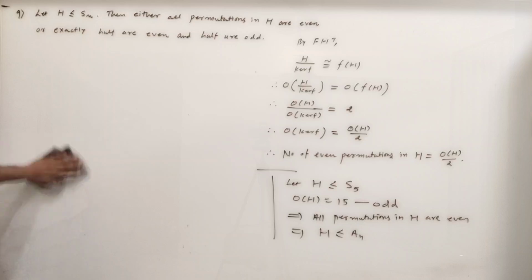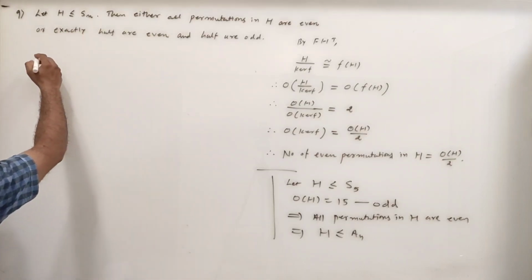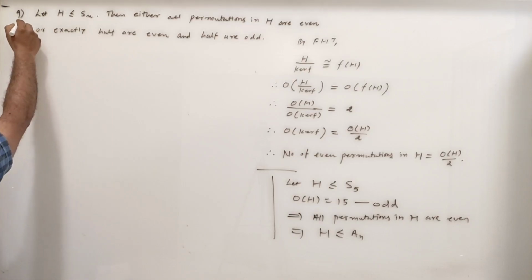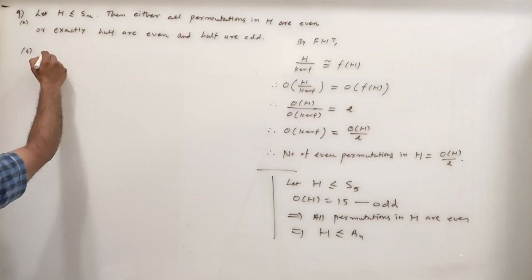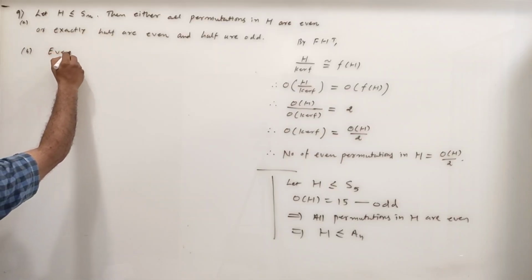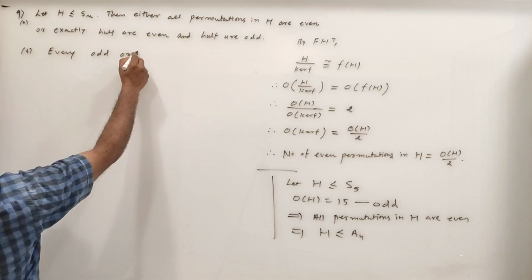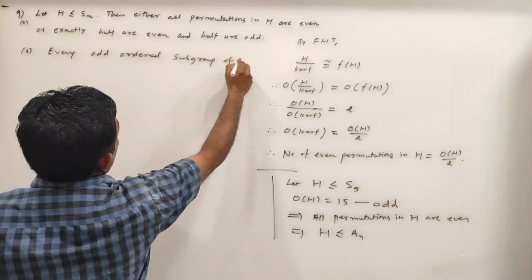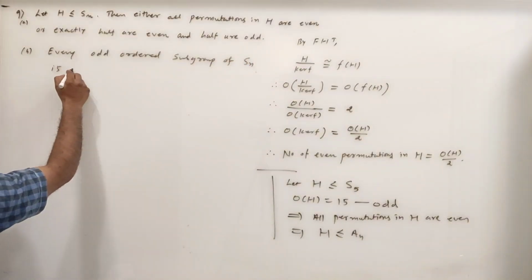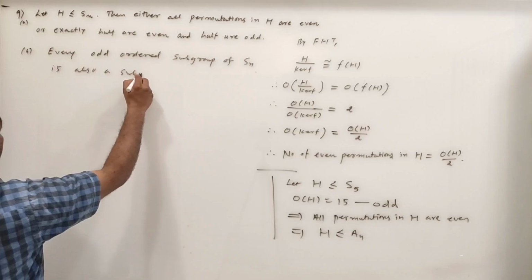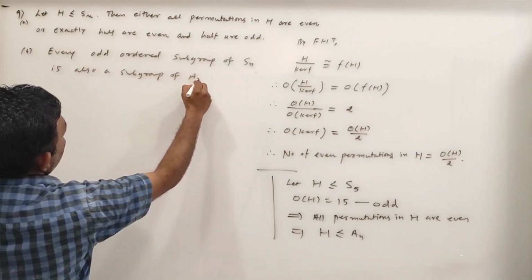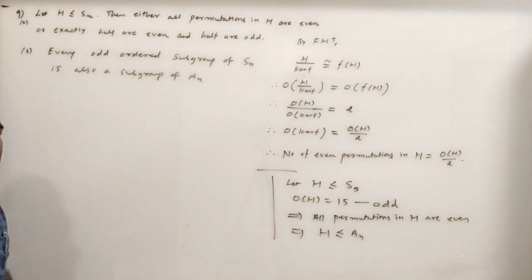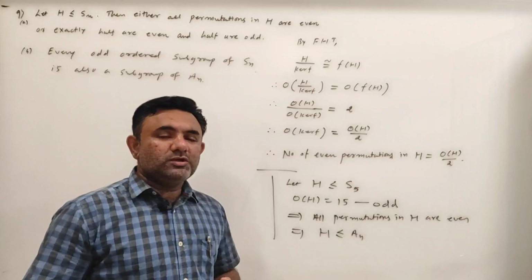So let me write it this way: result 9A is the earlier one, and 9B is: every odd ordered subgroup of SN is also a subgroup of AN. That means if any subgroup of SN of odd order is given, then it will also be a subgroup of AN.